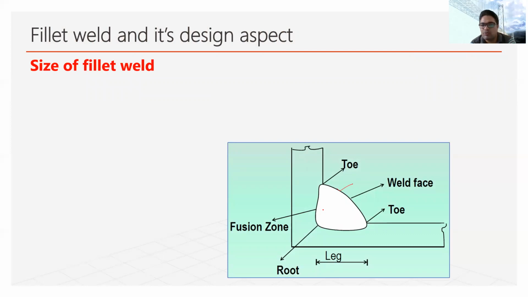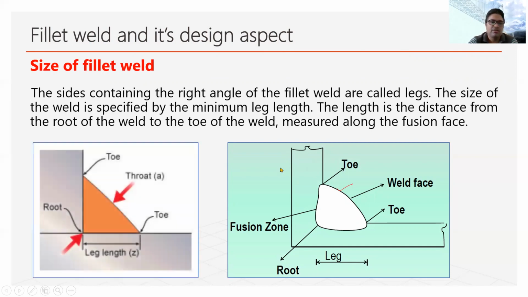But in calculation we take only the triangle, which is generally an isosceles triangle, and in the design part we consider this triangle. In this triangle, these two sides are called the leg, and this is called the size of weld. Sometimes it is denoted by leg or it is the size of weld.